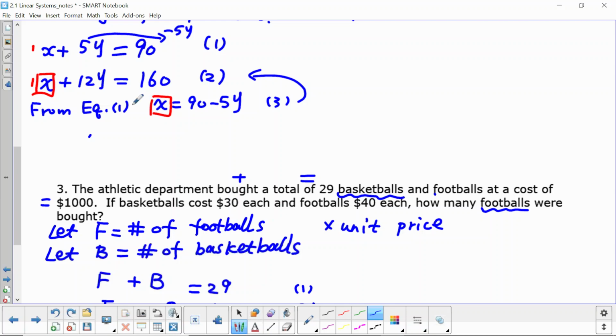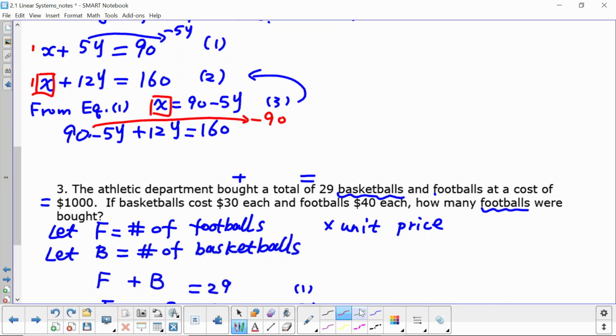So x boxed, gone. We substitute 90 minus 5y for x here. So x is not there, then plus 12y equals 160. We move the 90 to the other side, because we want to isolate y.